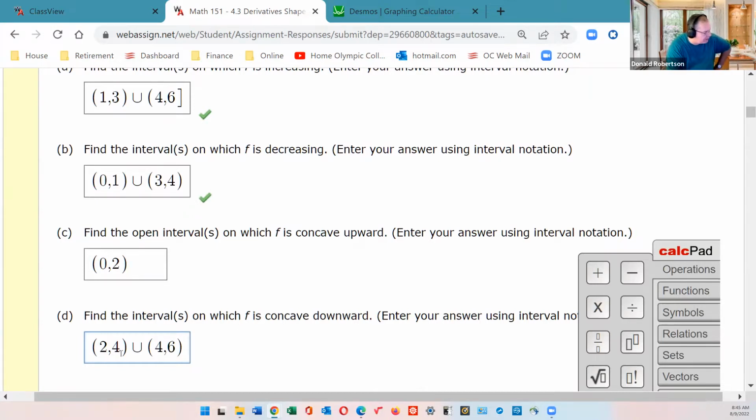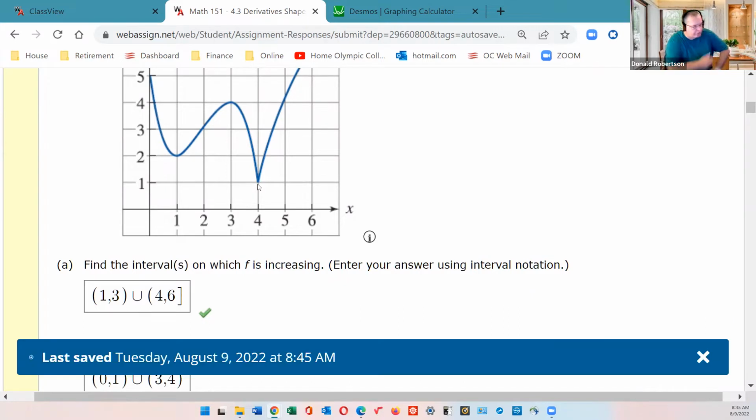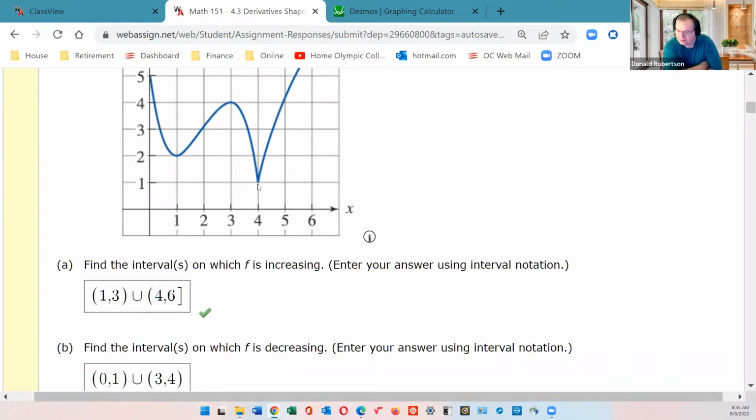And you might think, why didn't I just start at 2 and finish at 6? That's because something really horrible happened at x equals 4. Do you see one of those corners, the cusps as they're called? At that point there, doesn't the derivative not exist?